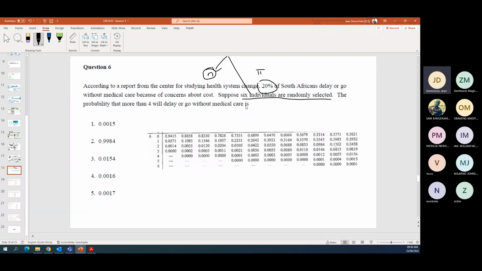So 6 individuals are randomly selected, so that's your N. And then they ask, what's the probability that more than 4? So again, we go to more than 4. So x is more than 4.